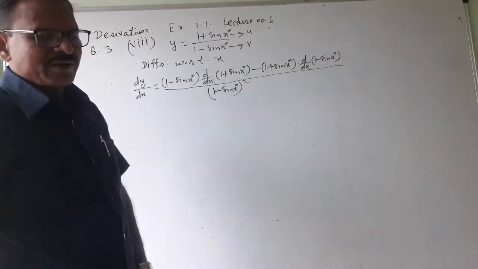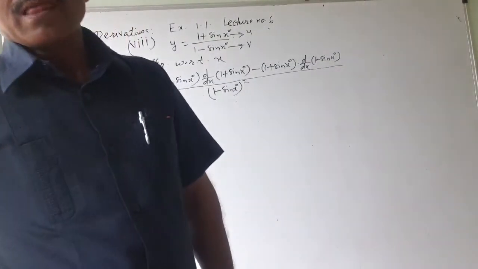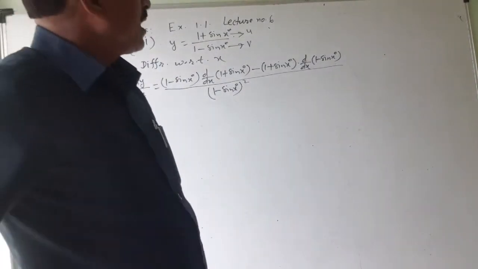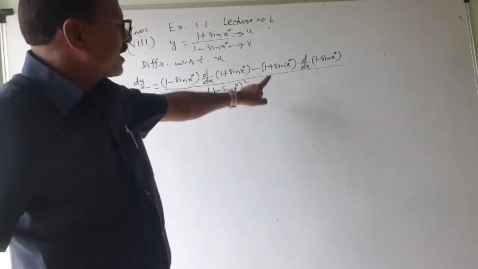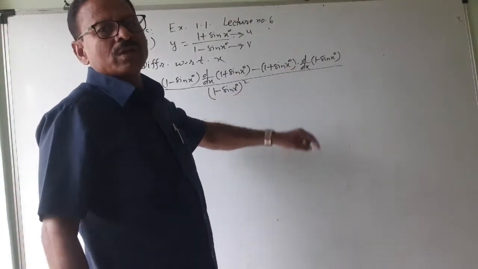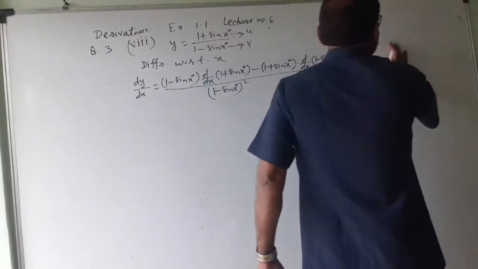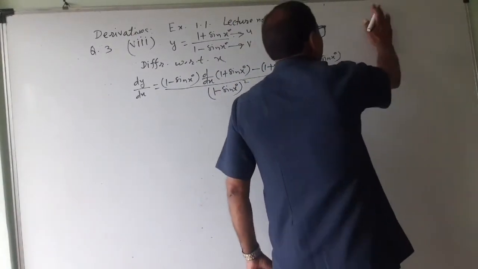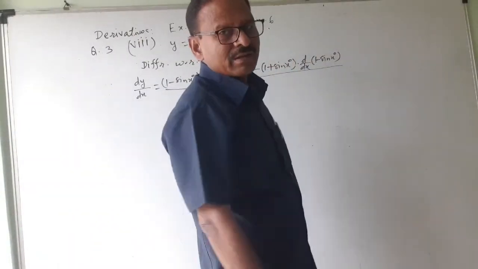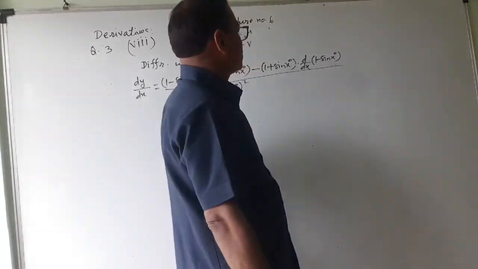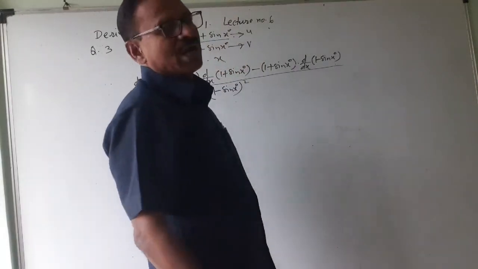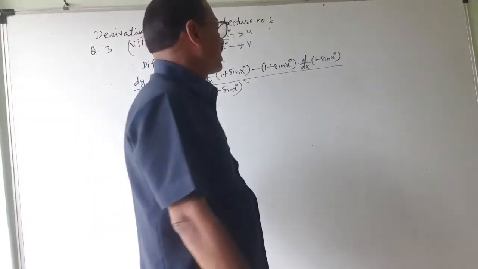Now in derivatives, integration and limits, the angles are taken in radian measure. What do I mean by radian measure? Some of the students might not have completed this topic in standard 11, suppose by chance. Definitely it would have been done; it was just the first, second lesson.